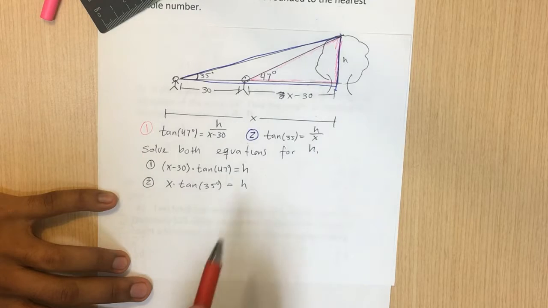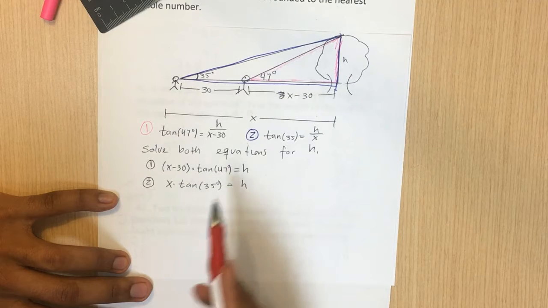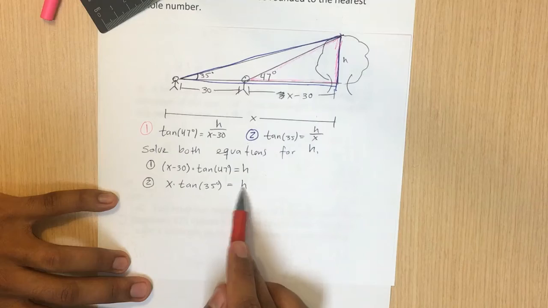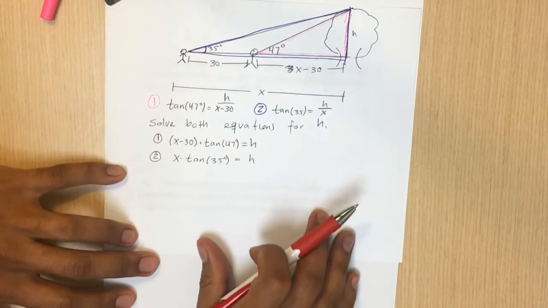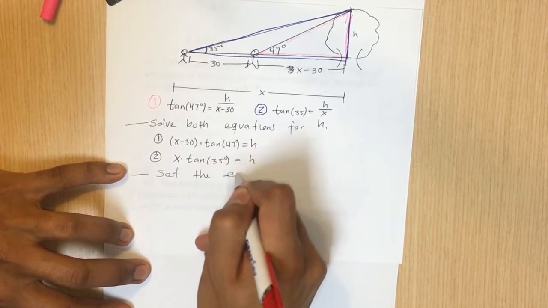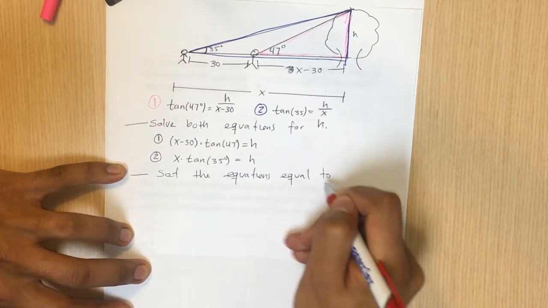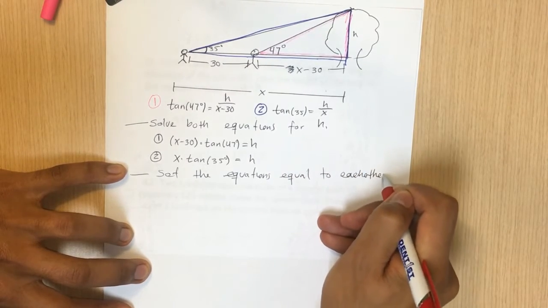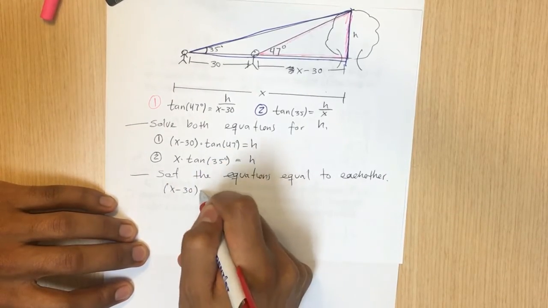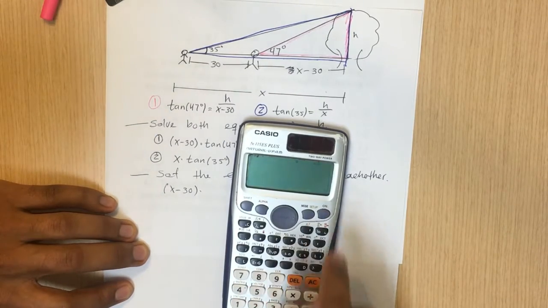So now that we have both equations equal to h, that means that the height must equal this expression, but also the height equals that expression. So what we can do is set them equal to each other. Okay, so we have x minus 30 times, and let's figure out what is tangent of 47, right?